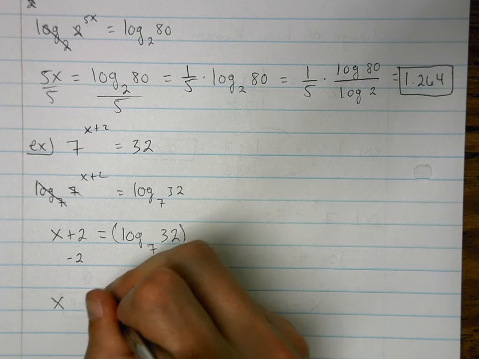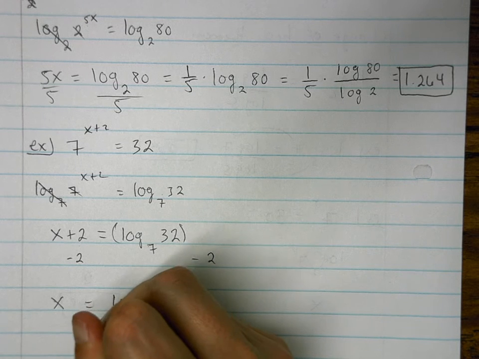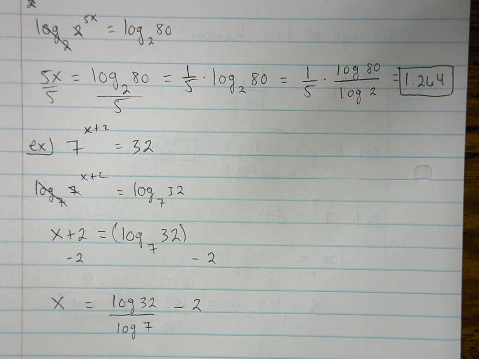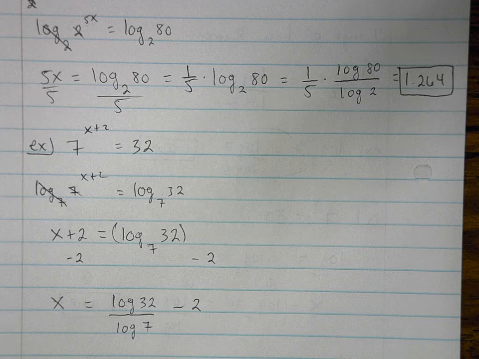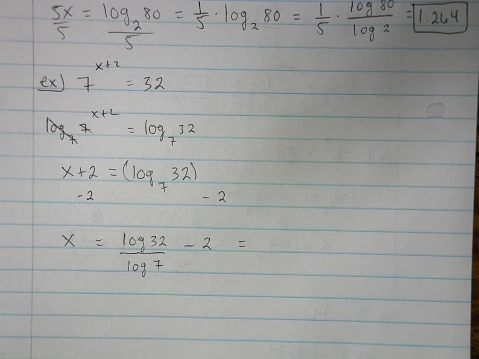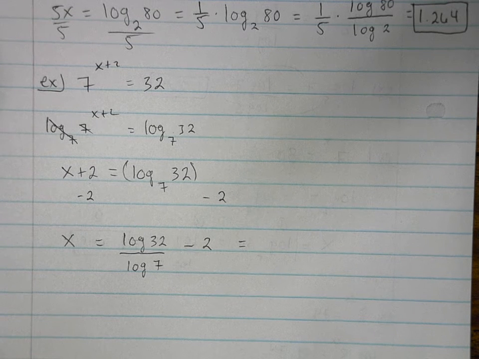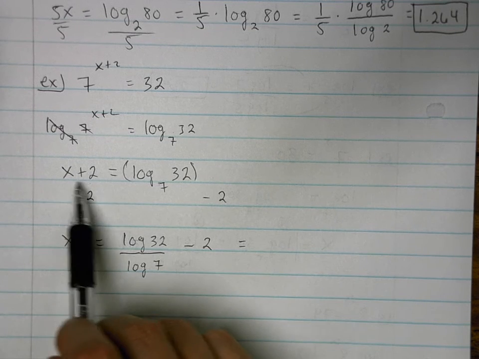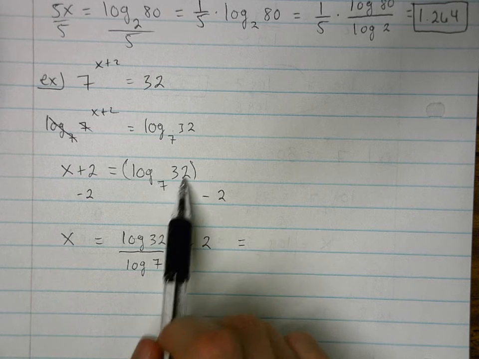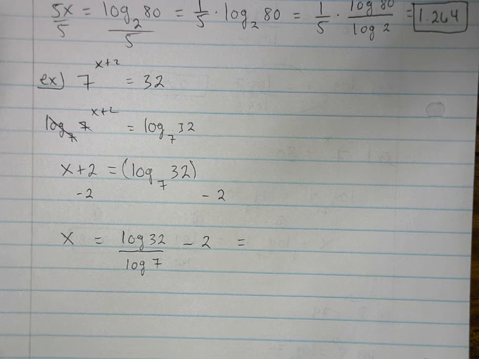This becomes log of 32 divided by the log of 7 minus 2. So to get x by itself, I subtracted 2 from both sides, and I changed this using the change of base formula. Remember, you don't subtract 32 and 2. It doesn't work like that, because this is its own number.